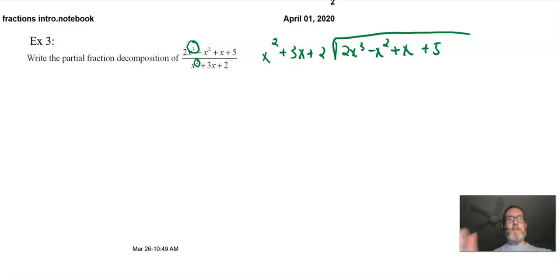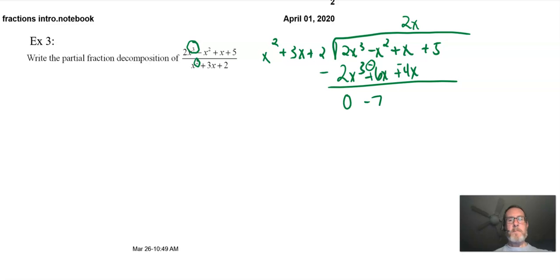So we're going to pick up this problem and I'm going to try and fix the mistake I made before. We're going to multiply x squared by 2x. And now we're going to subtract those terms from the ones above them. And bring down the 5.